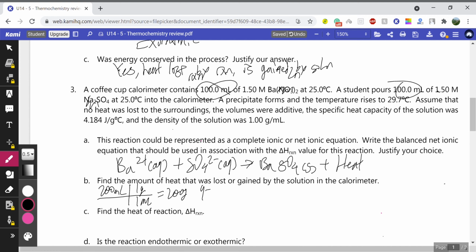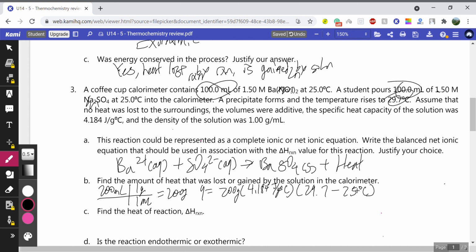And our Q is equal to 200 grams times 4.184 joules per gram degree Celsius, which is Cp, times 29.7, the final temperature, minus the initial temperature, which is 25 degrees Celsius.